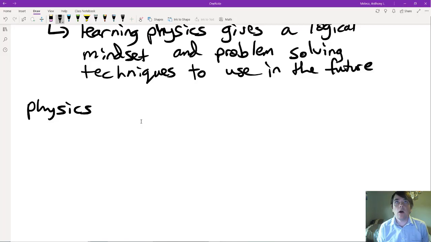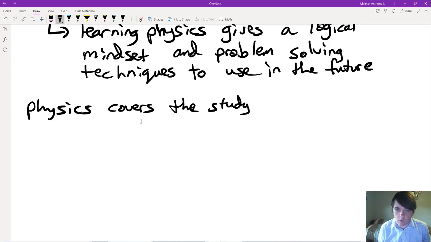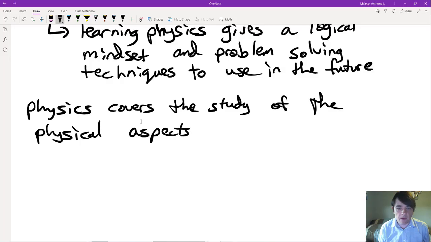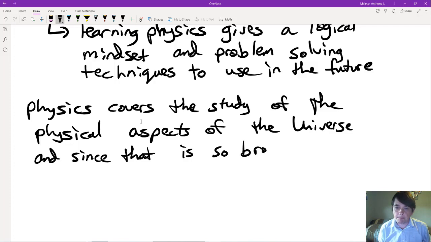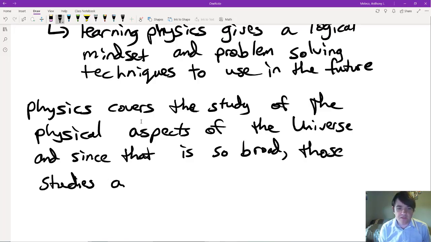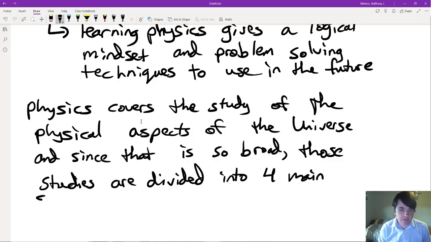So now let's talk a little bit more about physics itself. So physics covers the study of the physical aspects of the universe, and since that is so broad, those studies are divided into 4 main subjects.